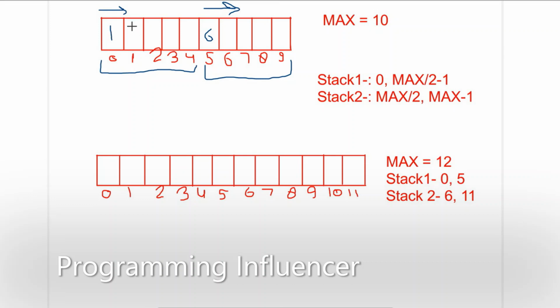After that we will push 2, here we will push 7, here we will push 3, here 8, and here we will push 4. In stack 2 we will have 9, and here we have 5, and in stack 2 we will push 10.